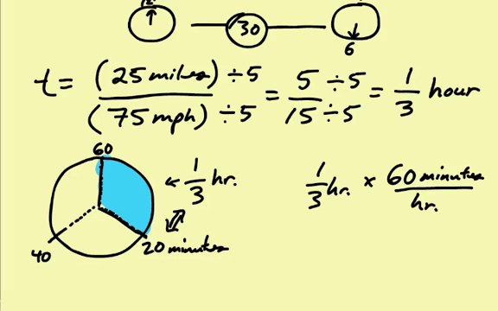I really want to make sure that the hours cancel each other out, so that I am left just with minutes. So let's go ahead and cross these out. This term cancels, that term cancels, and I am left with 60 divided by 3, because 60 times 1/3 is just 60 divided by 3.